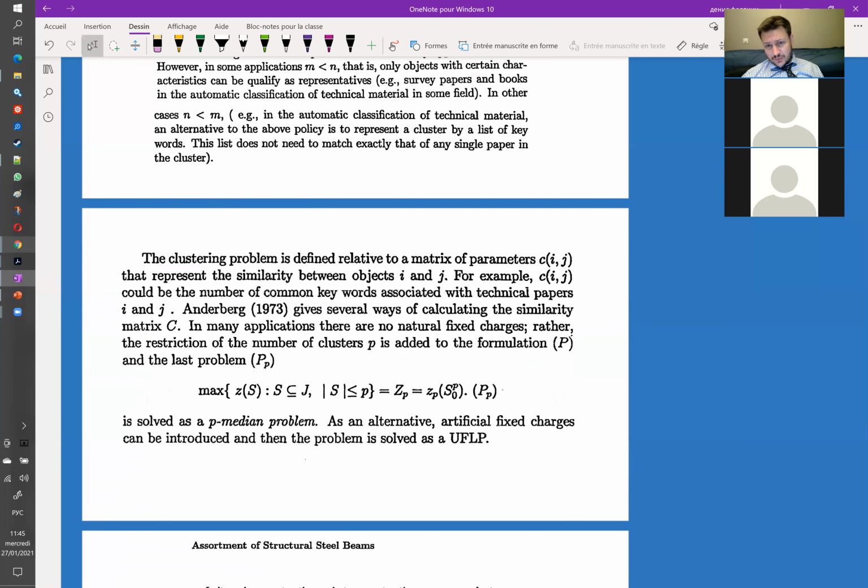So the clustering problem. You have to divide your graph into several clusters, and you have special conditions on this, and you have profit, like we have discussed, and you have a special restriction on the number of members in each cluster. It looks like we have a store with a limited capacity, or you have a bank account with limited capacity of money inside it.